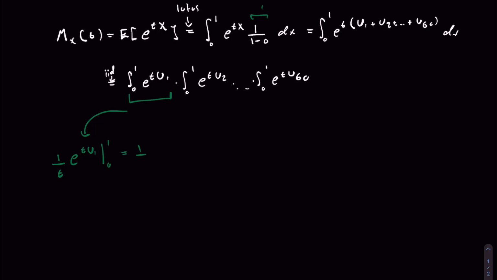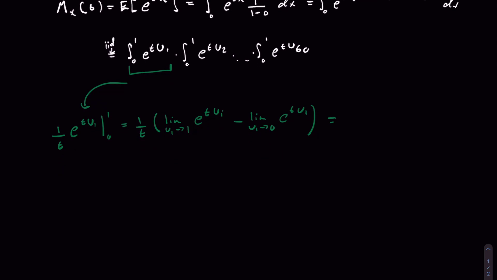That is 1 over t, times the limit where u1 is approaching 1 of e to the t u1, minus the limit as u1 goes towards 0 of e to the t u1. And so this term here is just e to the t. This term here is just 1.